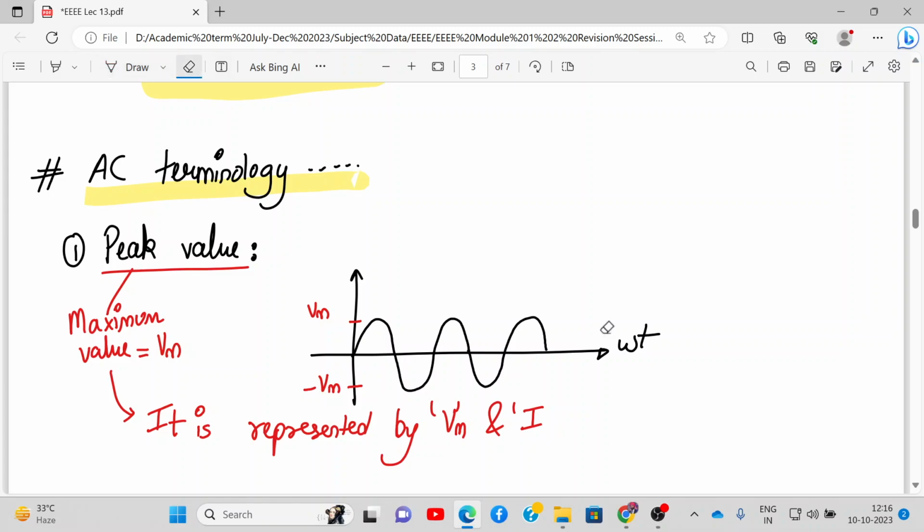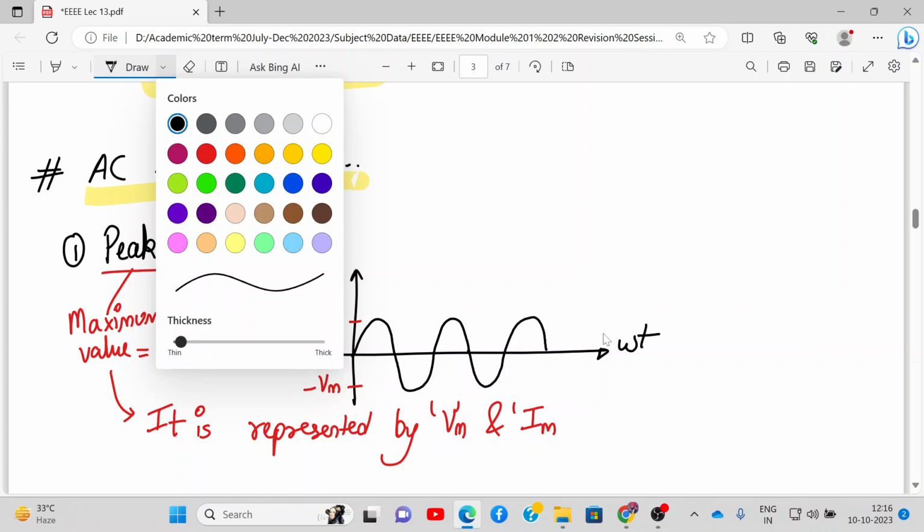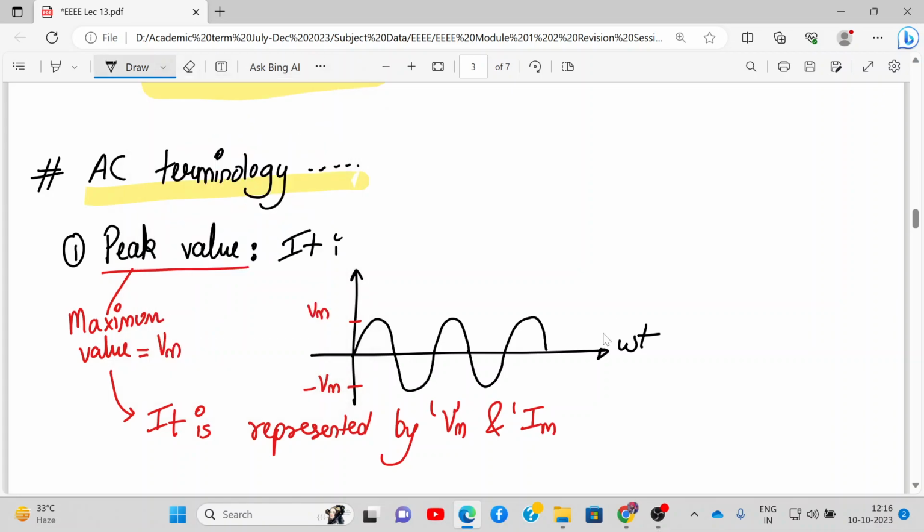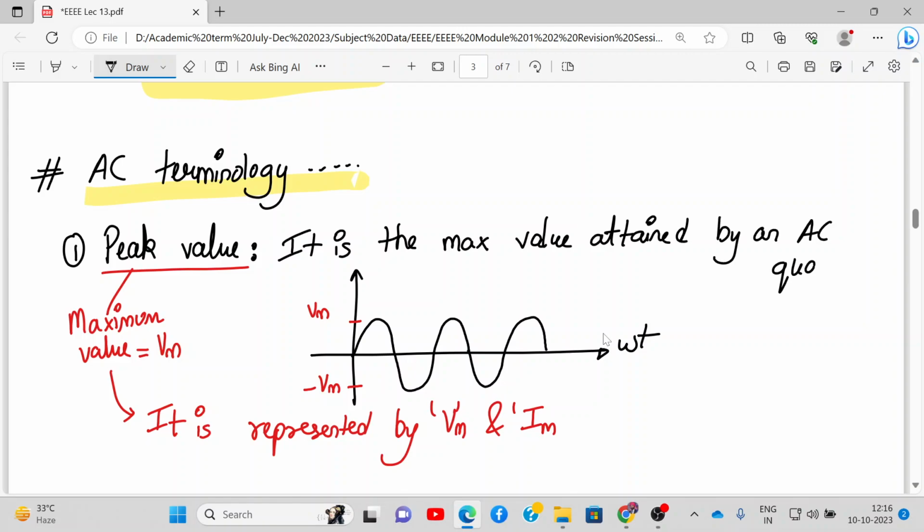And how do you define it? It is the maximum value attained by an AC quantity. Now an AC quantity can be a voltage or a current. The maximum value attained by an AC quantity is the peak value or maximum value.